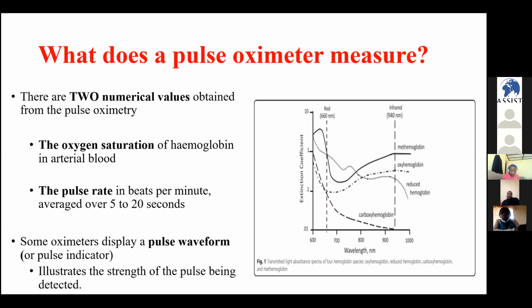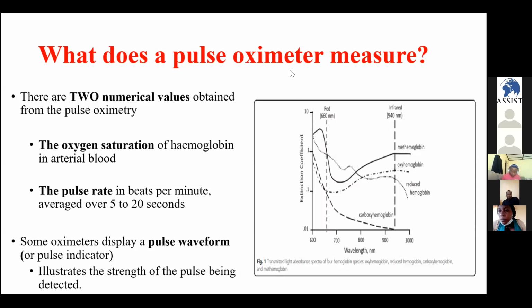You can also have a wave curve on the monitor, which is going to display the strength of the pulse, and the shape of this wave will also correlate with the quality of the pulse.